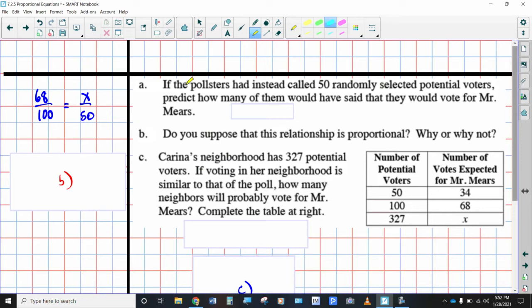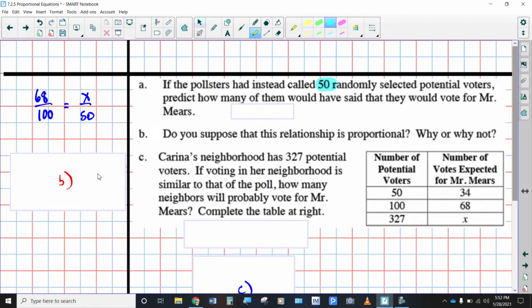Okay, so if the pollsters had instead called 50 people, not 100, how many would have said they would vote for Mr. Mears? So remember, this is our probability, and we can set it up proportionally to solve for x here, because that's what we learned last year, right? And here the question, do you suppose this is proportional?